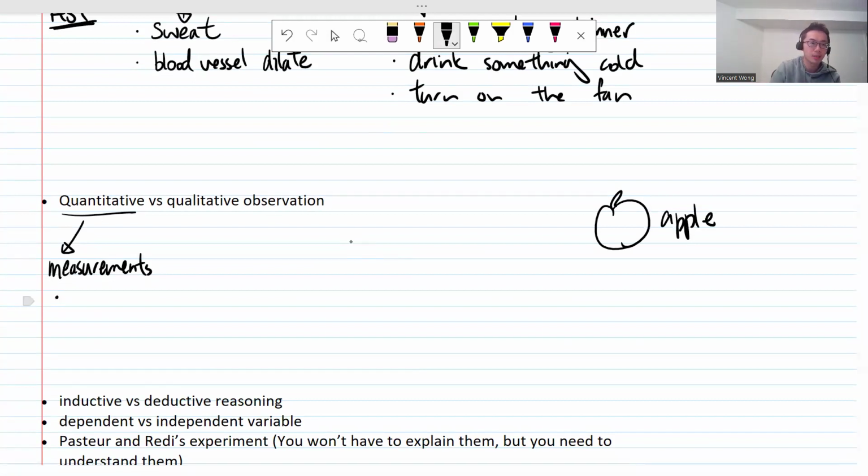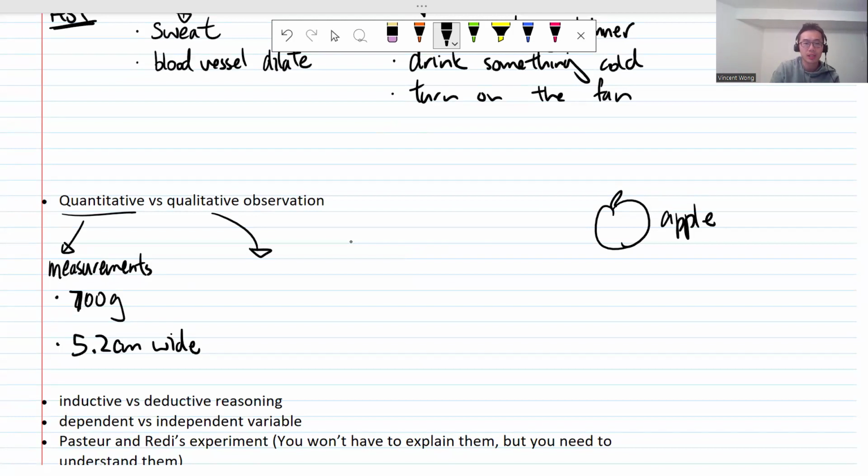You can say it is 700 grams. That's how heavy it is. That's a number, so that's quantitative. You can say that the apple is about 5.2 centimeters wide. Anytime you see a number in the description, it's going to be quantitative.